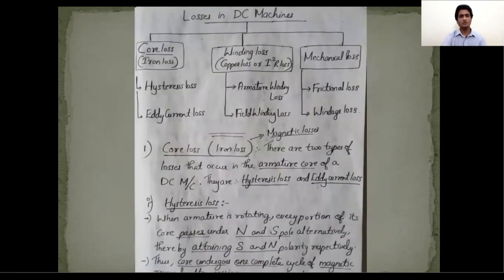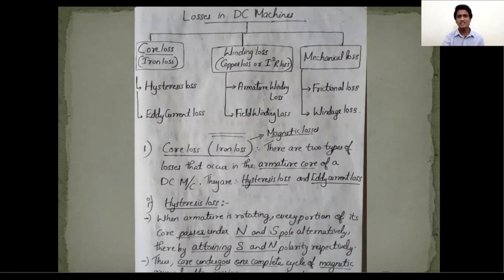Now let us move on to losses in DC machines. There are mainly three types of losses: one is core loss, then winding loss, then mechanical loss. Core loss is the loss occurring in the armature core of the DC machine, and it is also called iron loss because the core of the armature is commonly made of iron.